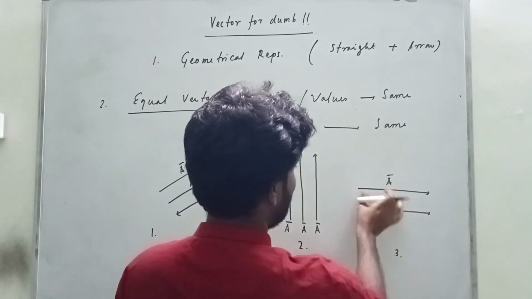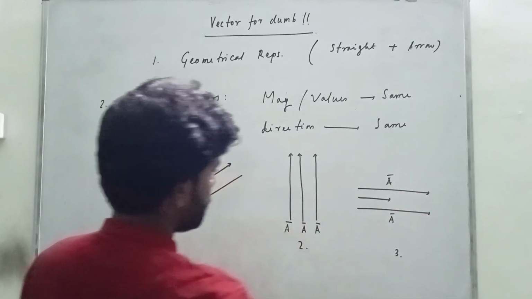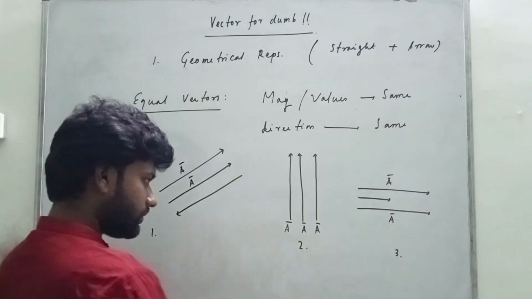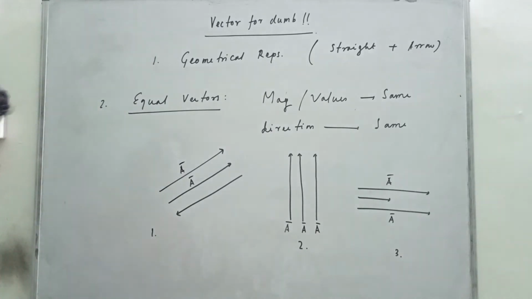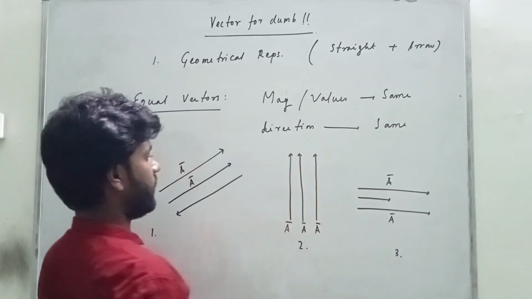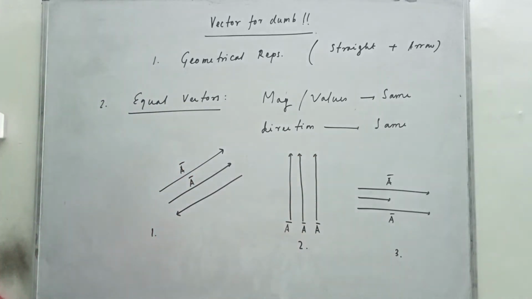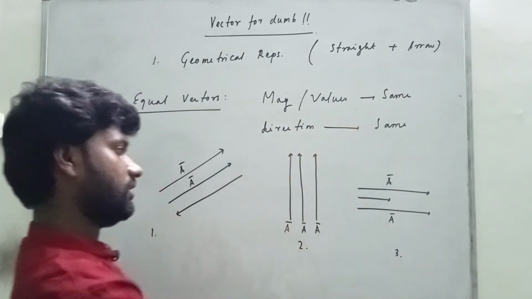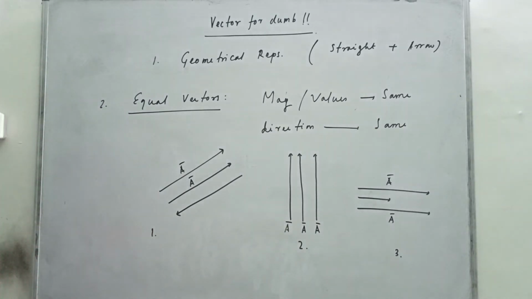It is somewhat smaller than these two, right? So it is actually our equal vectors set. If it is A, then obviously it is A and obviously it is A, right? Because the definition of equal vectors means the magnitude will be the same and the directions will be the same, right?